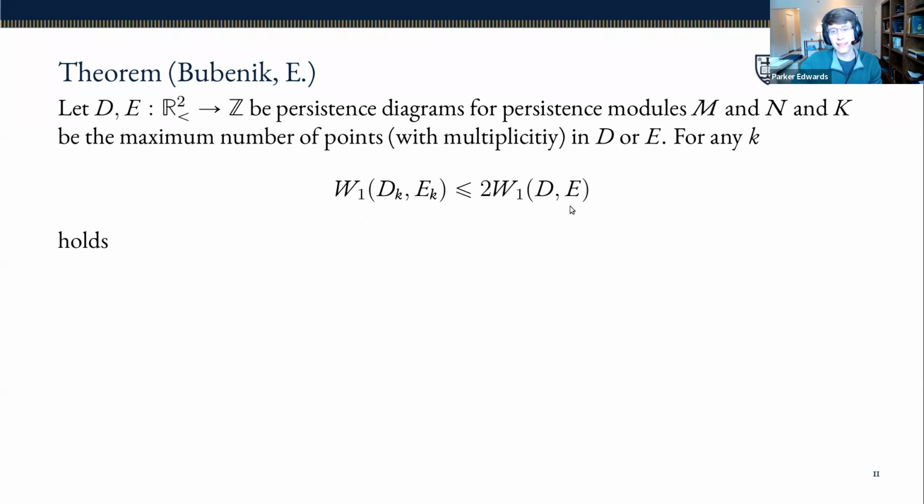If you have the D and E here, which I will sometimes call ungraded persistence diagrams, the ungraded distance, if you take that and multiply it by 2, then that gives you an upper bound for the graded distance between any specific graded diagrams. So this is a Lipschitz stability type result, and the Lipschitz constant is 2.